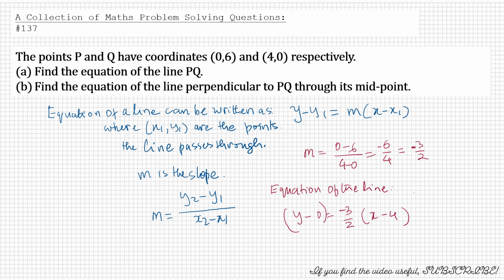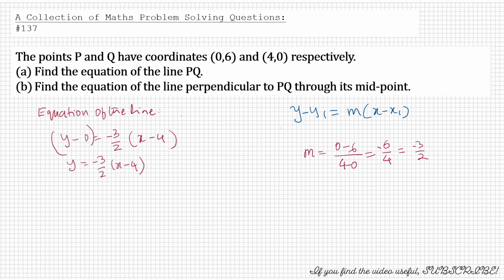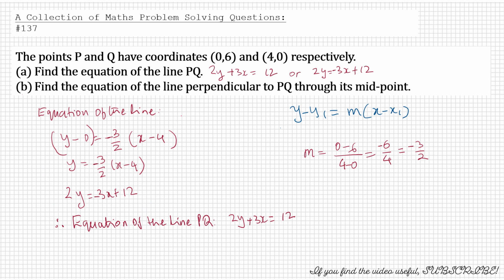So what we get is y equals minus 3 out of 2 times x minus 4, and simplifying, multiplying both sides by 2, we get 2y equals minus 3x plus 12. So that would be the equation of the line.